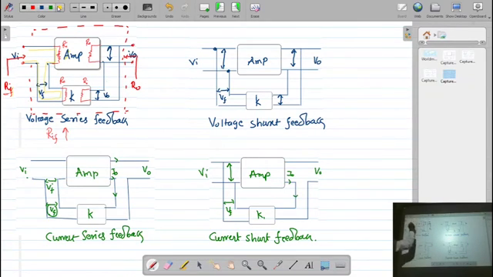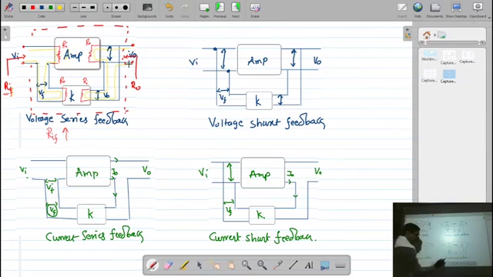And if you see this resistance RO and this resistance RI, they are in parallel to each other. Here, RO is parallel to RI because we have a voltage connection. Parallel connection is there, so they are in parallel.